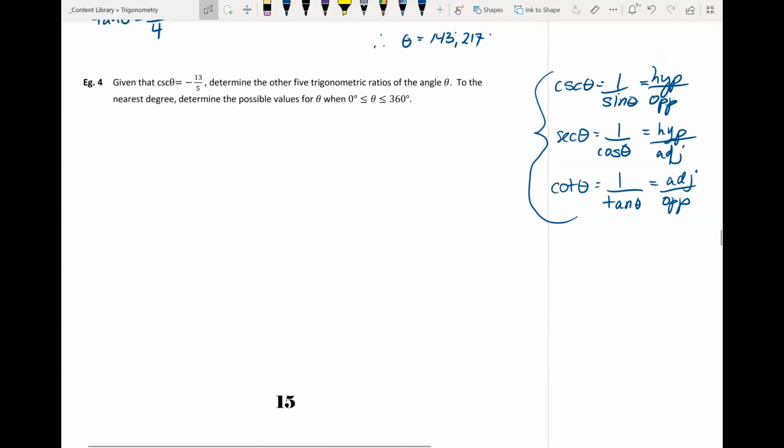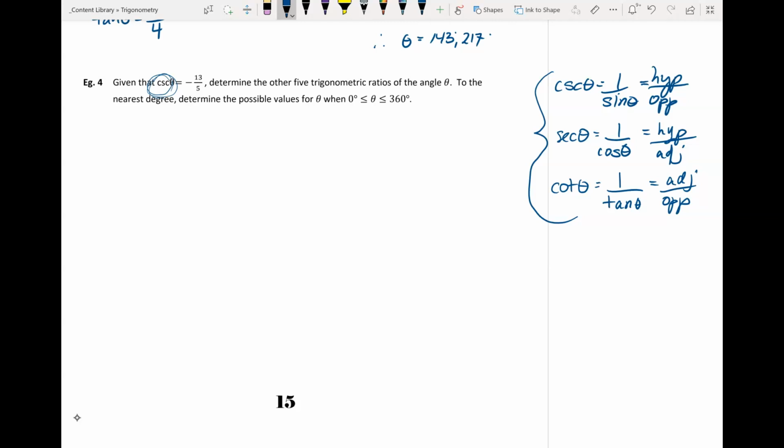Now going back to example 4, we want to find the other 5 trig ratios of the angle theta. So we're going to look at cosecant theta, and this is similar to sine theta in that sine theta is positive in quadrant 2.